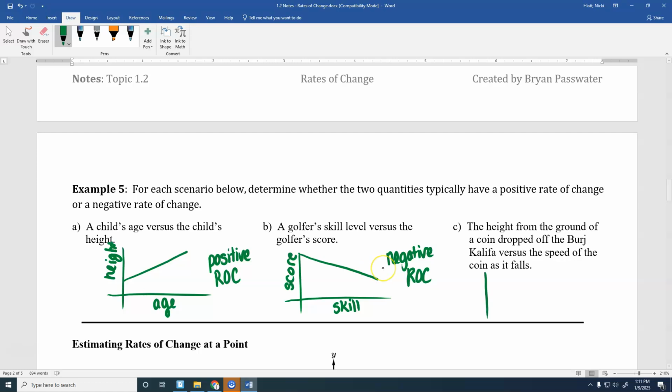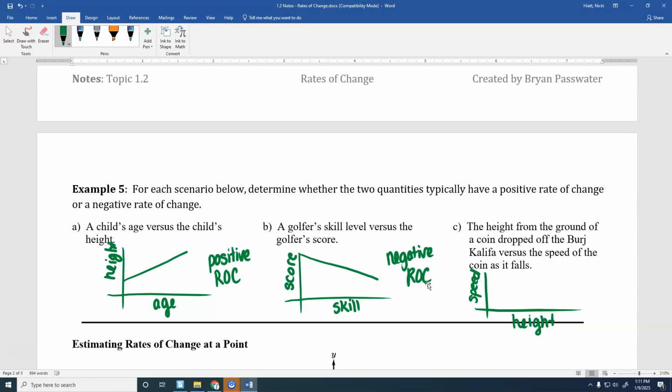So think about what's on your x-axis. Height from the ground. And then speed of the coin. So if we think about graphing this, you almost have to start backwards to graph this.